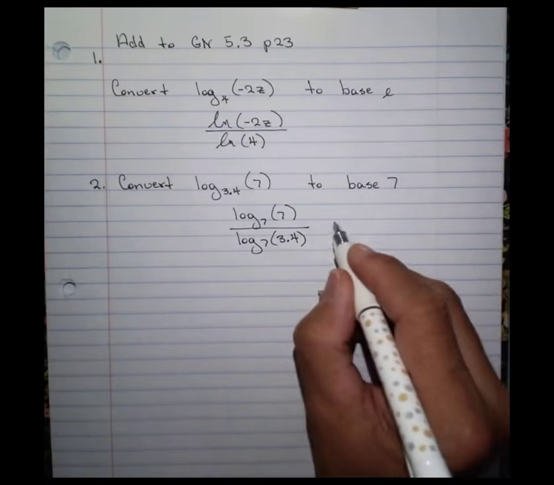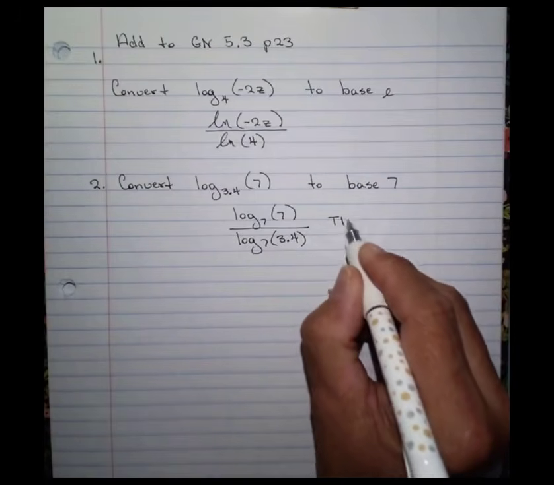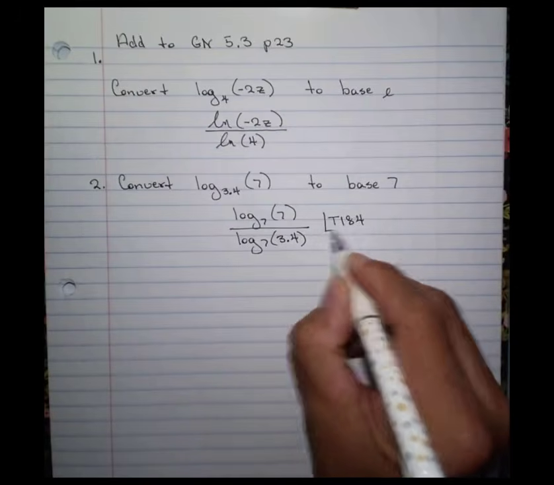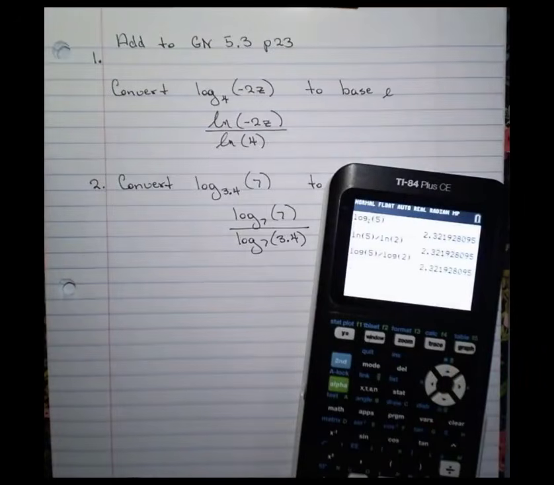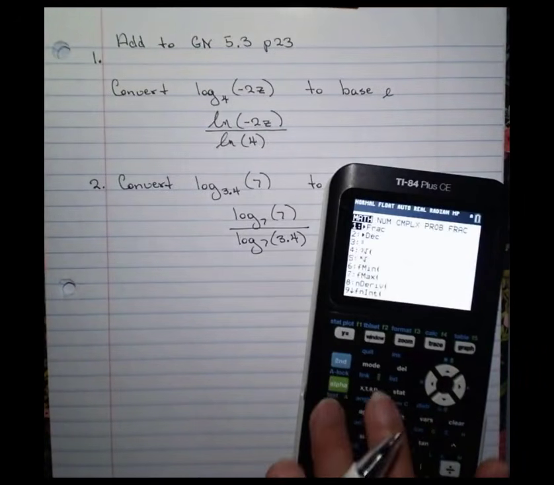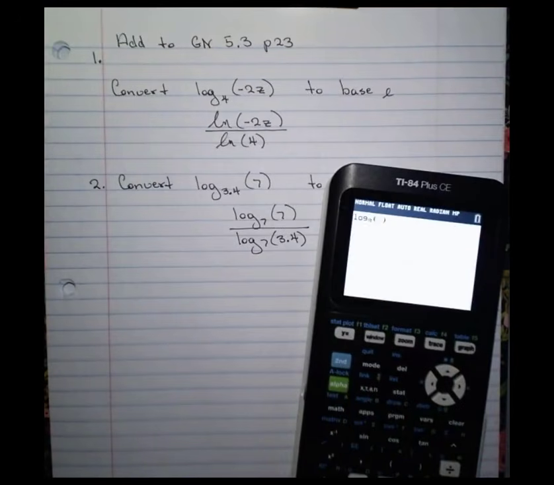Okay, now that's how we would type it in if we had a calculator like the TI-84, because it would allow us to enter those different bases. So I'm going to do that with this one because this is a TI-84. I'm going to go math, alpha math, which gives me the log again. I need 7 to be the base, arrow over, and I want 7 to be the argument. So that's what it looks like.